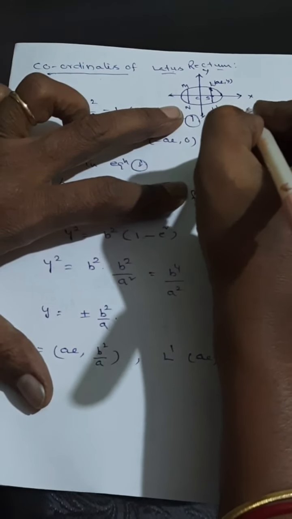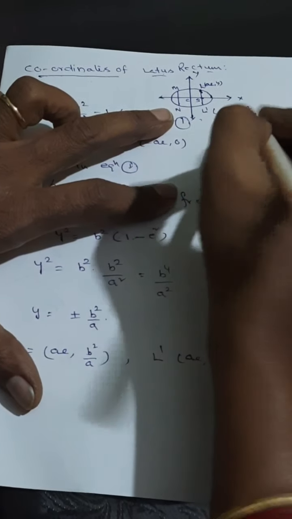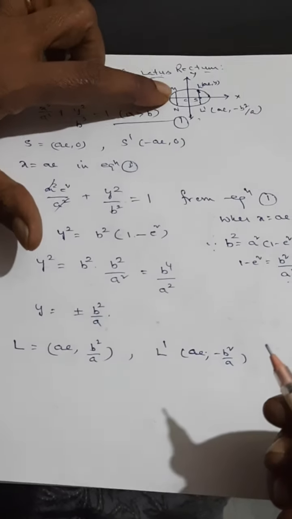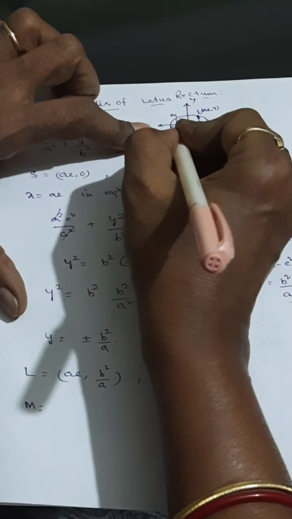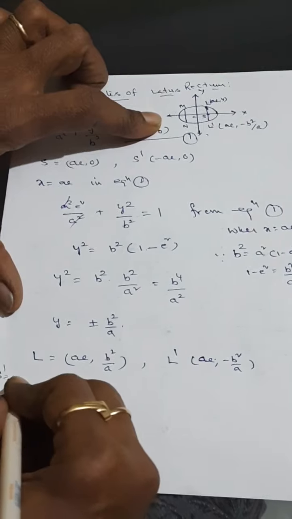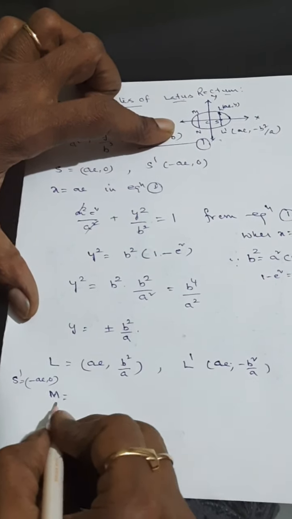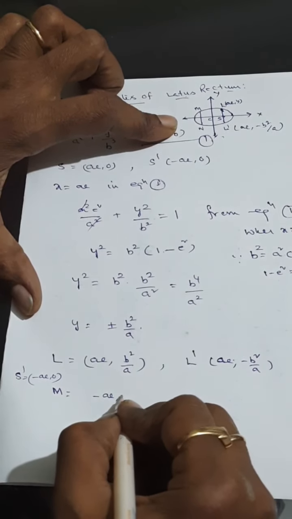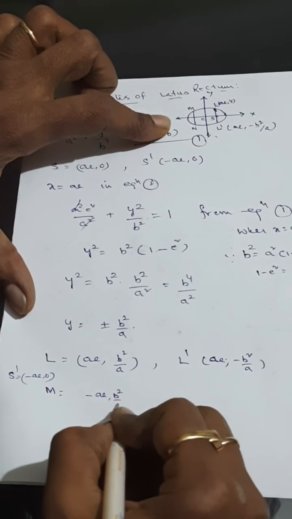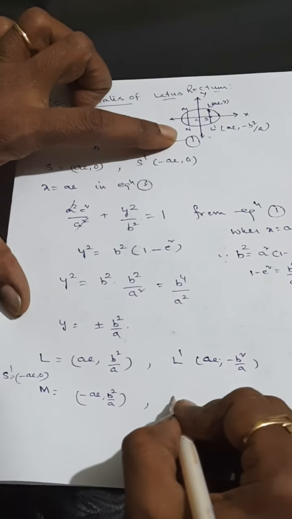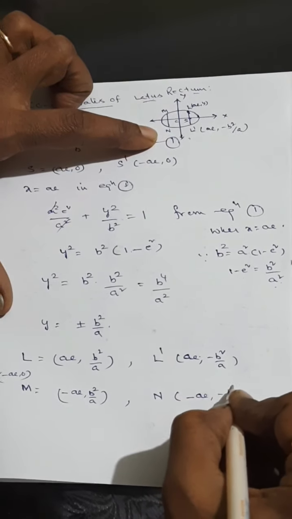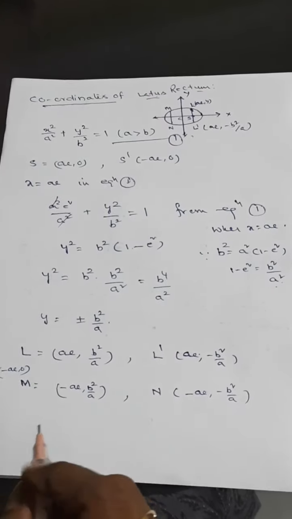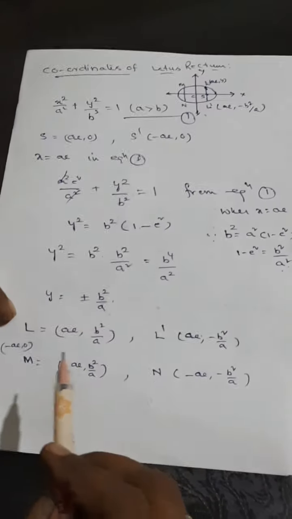Similarly, the coordinates of M are minus ae, b square by a, where S dash is the focus minus ae, 0. And N is minus ae, minus b square by a. So the coordinates of the latus rectum ends are L, L dash, M and N.